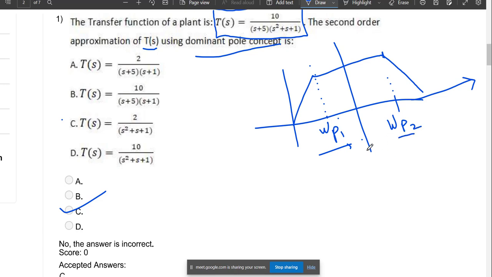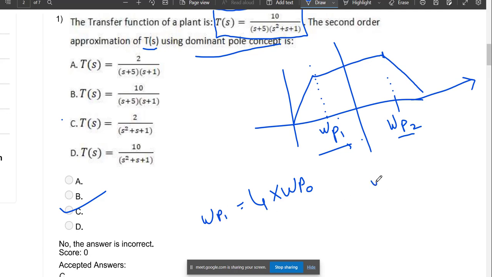Generally, for the low frequency dominant pole, the nearest pole or zero will be 4 times less. Let's say there is omega p0, which is nearest to omega p1. So omega p1 will be at least 4 times greater than omega p0, right?